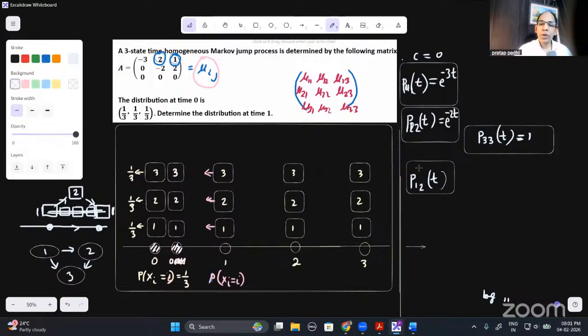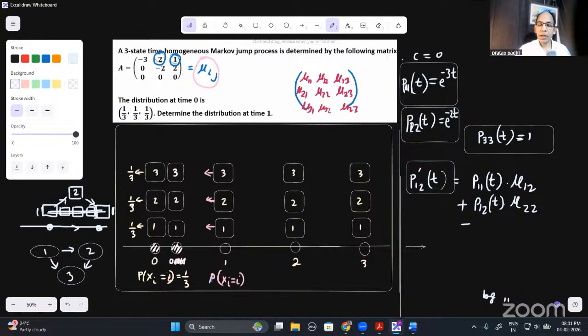Because when you write 1, 2 dash here, it will be P11 t, mu 1 to 1 and mu 1 to 2. This one you will get, plus P12 t, mu 2 to 2, 1 to 1, 1 to 2.